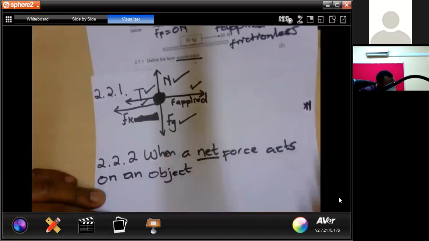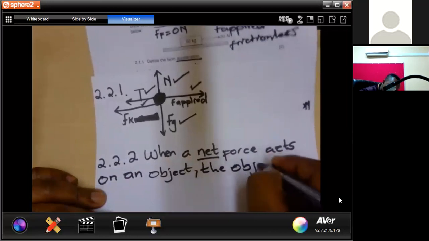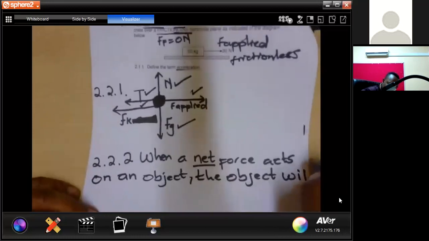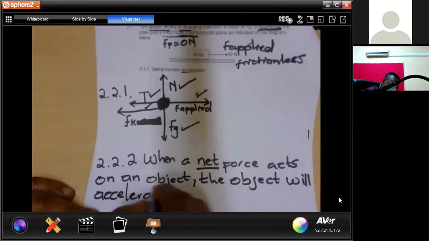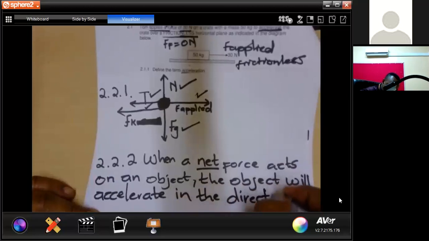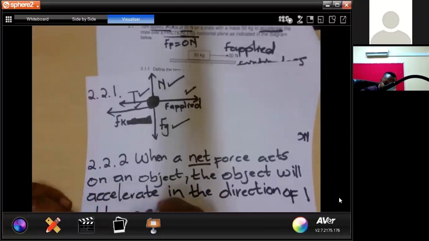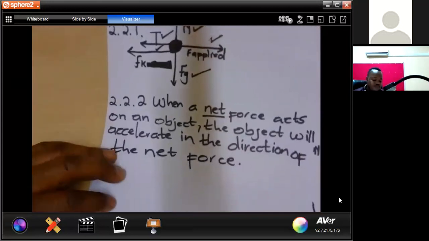So what happens when the net force acts on the object? The object will accelerate in the direction of the net force. So that will give us the first mark.